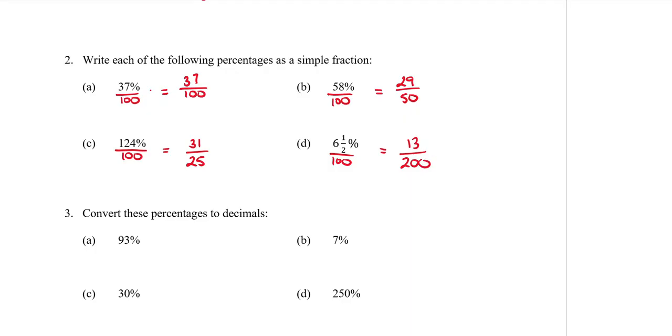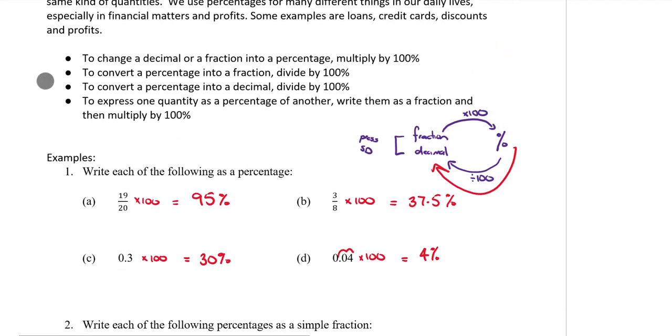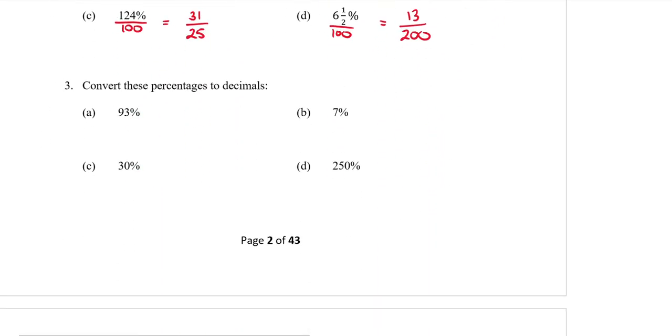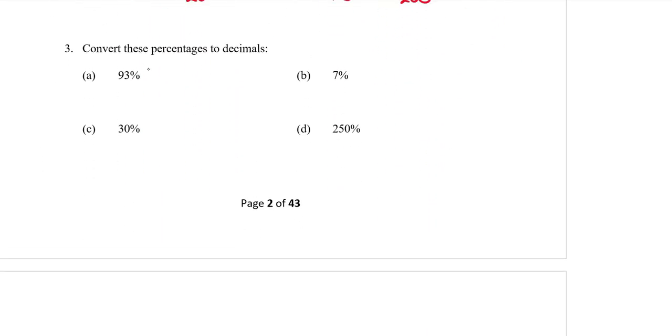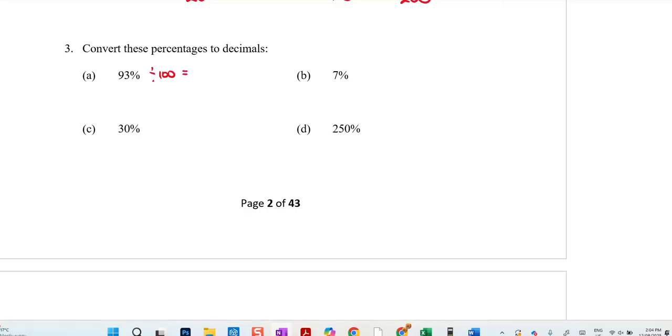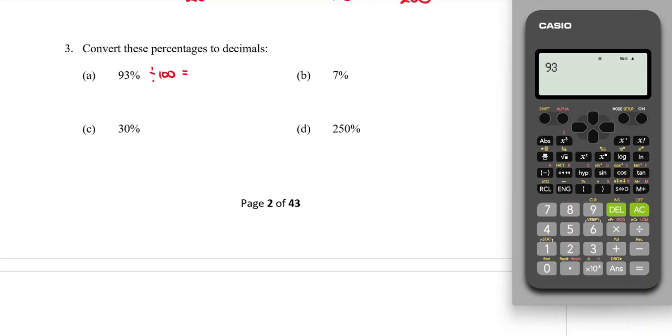Okay, part 3, we want to convert the percentages to decimals, which is still the same arrow here. If we have a percentage, we need to divide by 100. This time, again, it doesn't matter if you use the divide by 100 or the over 100, but we need to divide by 100. If you do the over, then you're going to get a fraction.